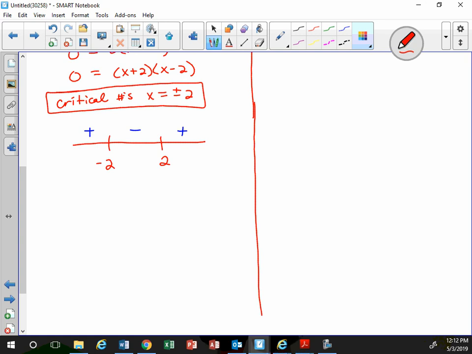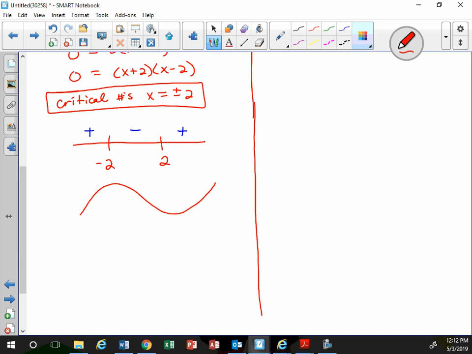Yeah, so I always draw just a little picture: increasing, decreasing, increasing. Now, is this a perfect graph of our original equation? No. I don't know where the x-intercepts are, I don't know where the y-intercept is. All I know is what is happening at -2 and 2. It is changing from increasing to decreasing and from decreasing to increasing.